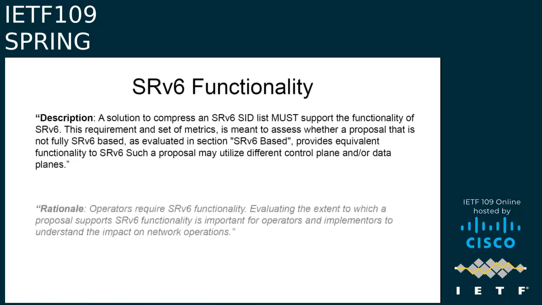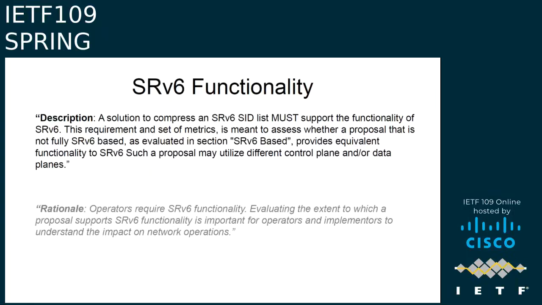Oh, yeah. So this one is about the SRv6 functionality. The description is that a solution to compress the SRv6 SID list must support the functionality of SRv6. This requirement and a set of metrics is meant to assess whether a proposal that is not fully SRv6 based, as evaluated in the section SRv6 based, provides equivalent functionality to SRv6.